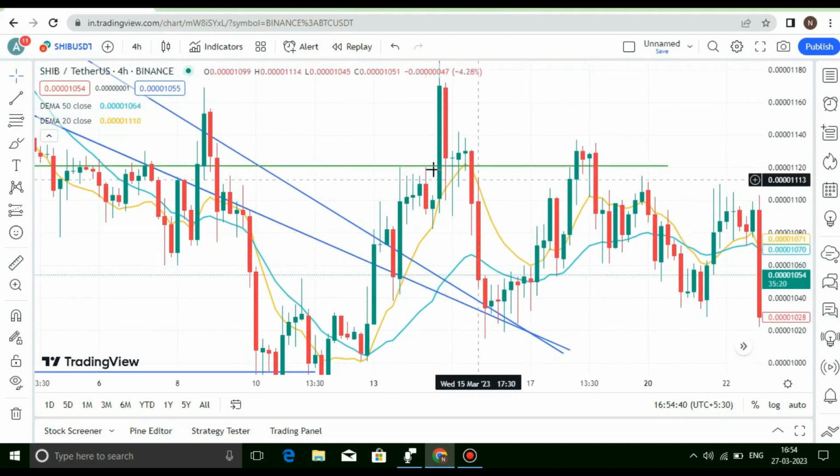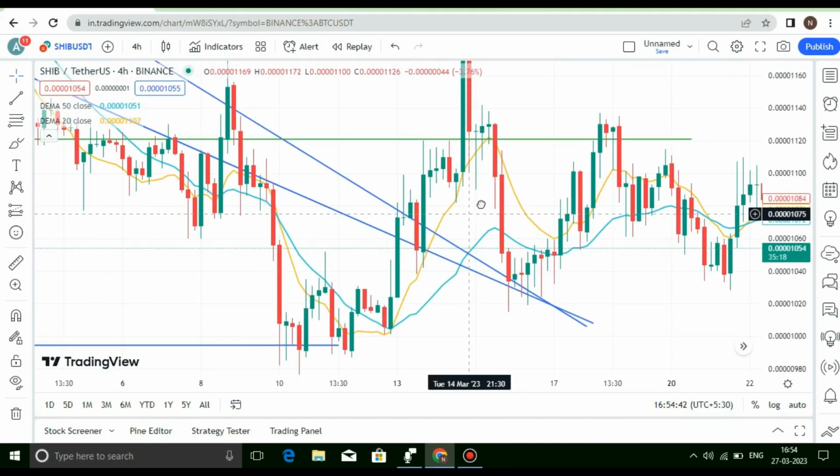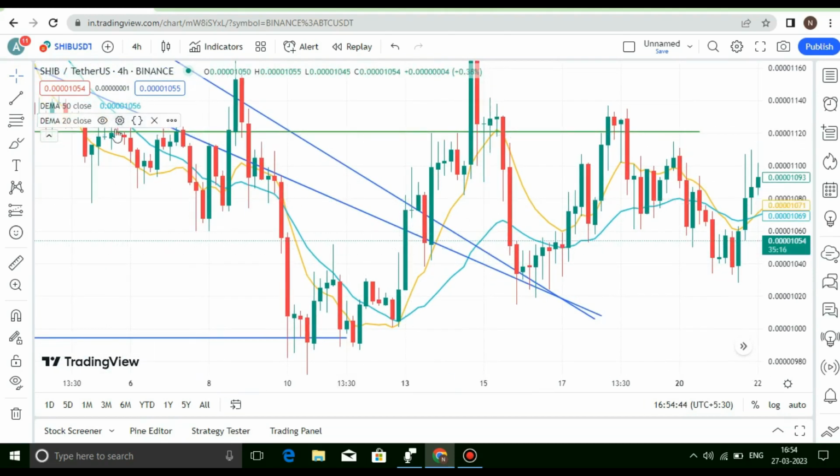Why do these things happen? If the slow exponential moving average is crossed by the fast exponential moving average, why does the price go up? Look, I have to tell you one thing, that the exponential moving average which has a larger time frame shows the exponential moving price of any asset over 50 days.